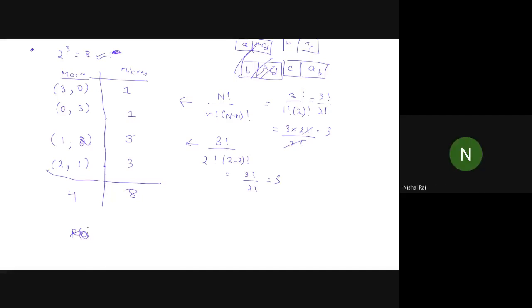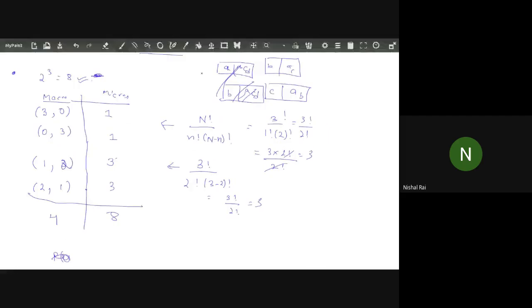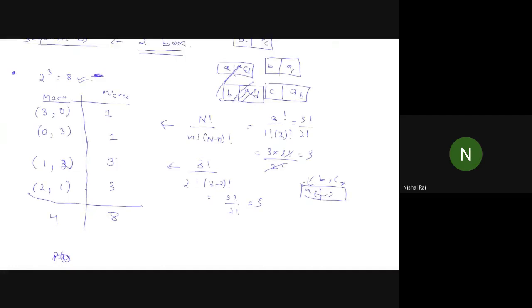Because what is the probability of a single particle being in any of the boxes? It doesn't matter, A, B or C, all will have equal probability of being in any of the boxes. Do you remember the basic postulates of probability? All the microstates are equally favorable. So that is how we used to do. Do you remember?